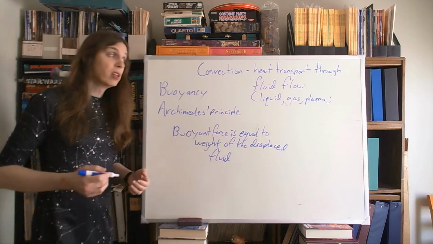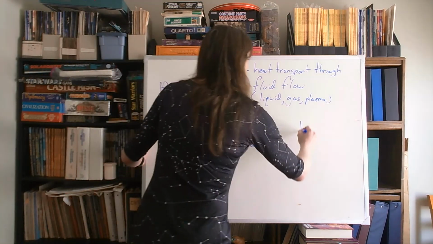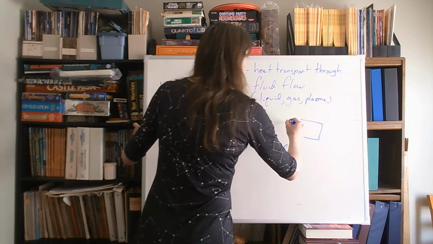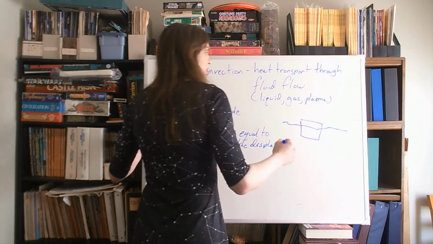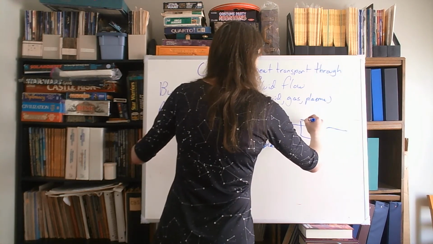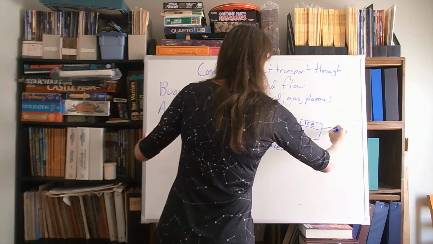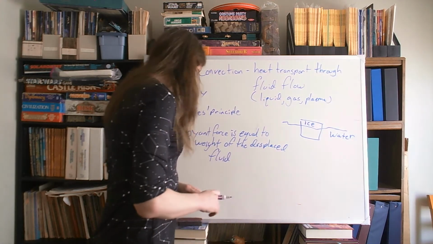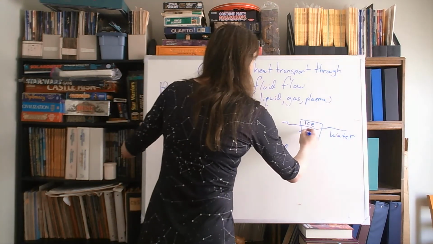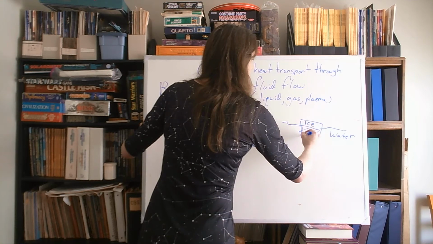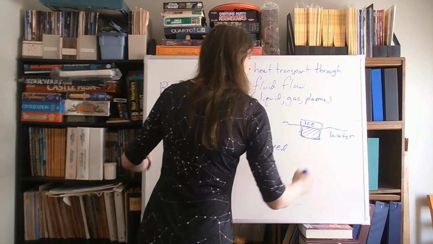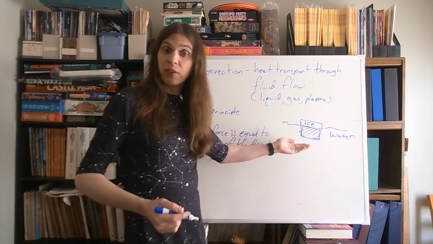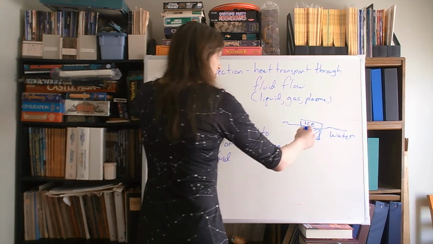It means that if you have some object, maybe it's an ice cube in water, and here we have ice, here we have water, and this much of the water is being displaced or pushed out of the way by the other object.